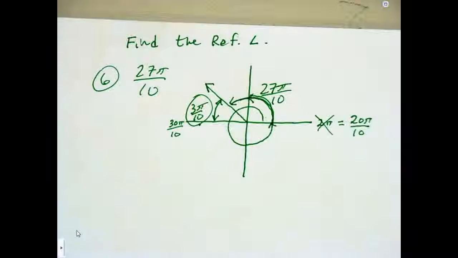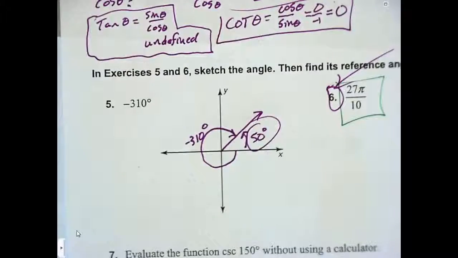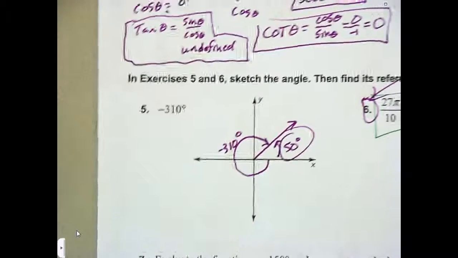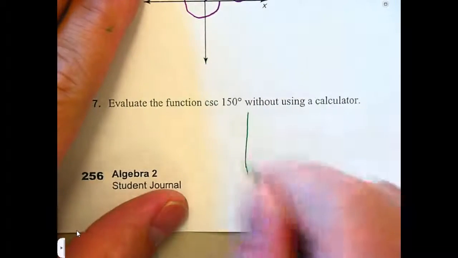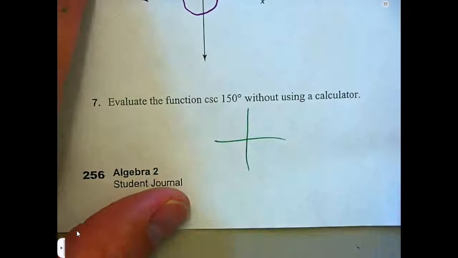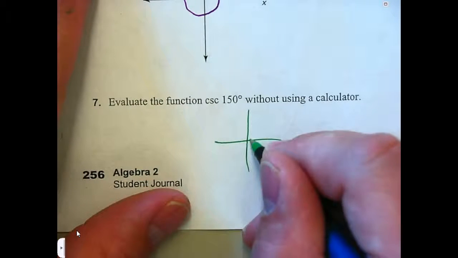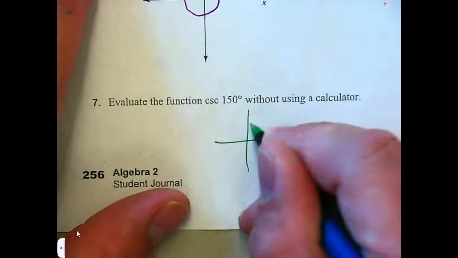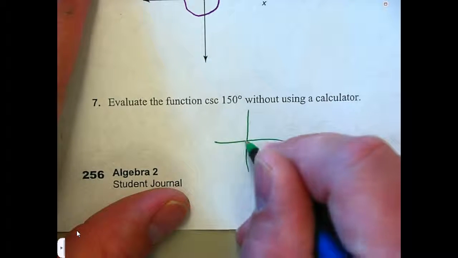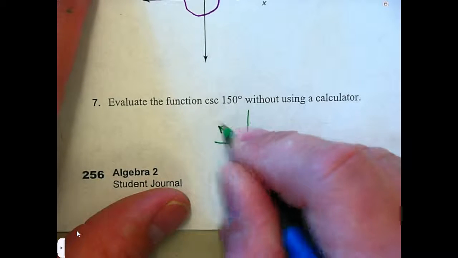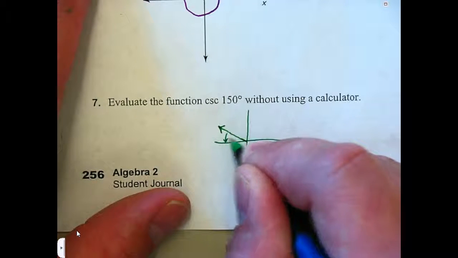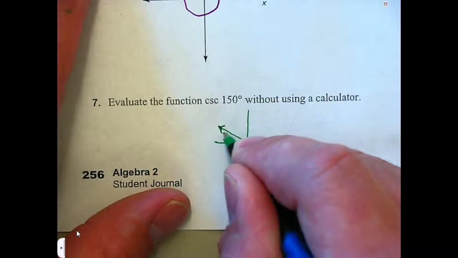One last problem on that page was number 7. Evaluate the function cosecant 150 without a calculator. So first thing I start doing, just to help me out, I sketch a 150 degree angle, which here's 90, here's 180, 150, about right there. How far from 180? 30 degrees, so that would be a 30 degree angle.